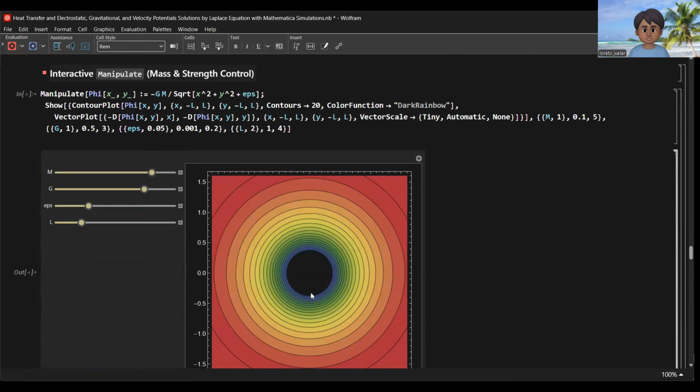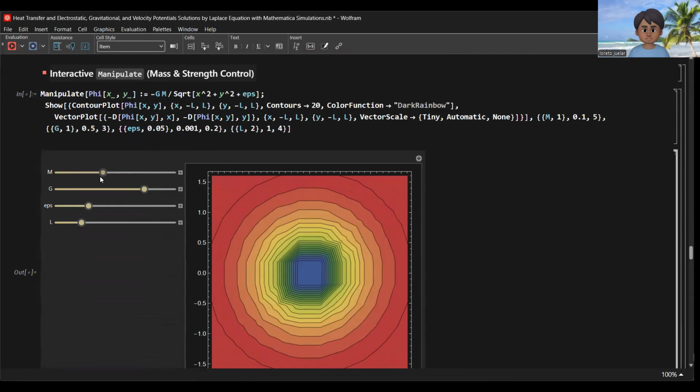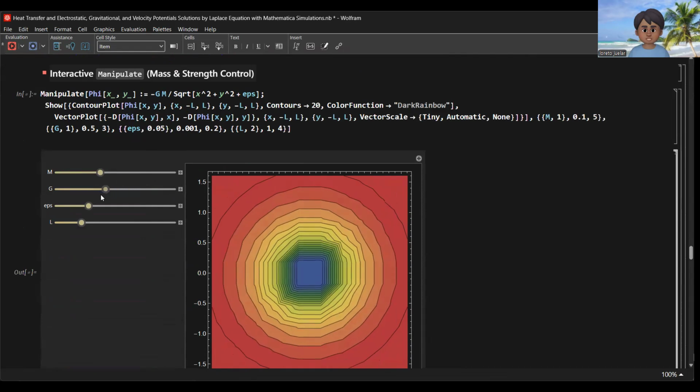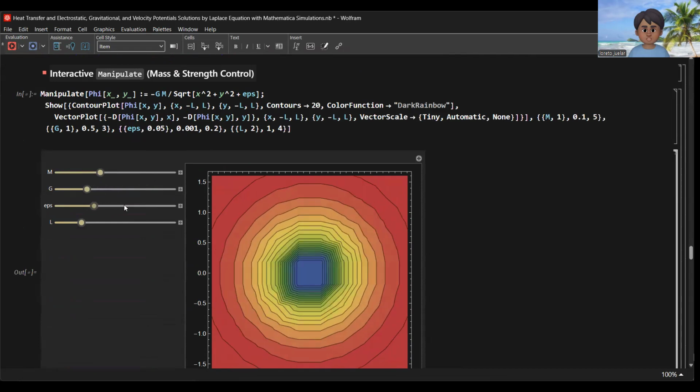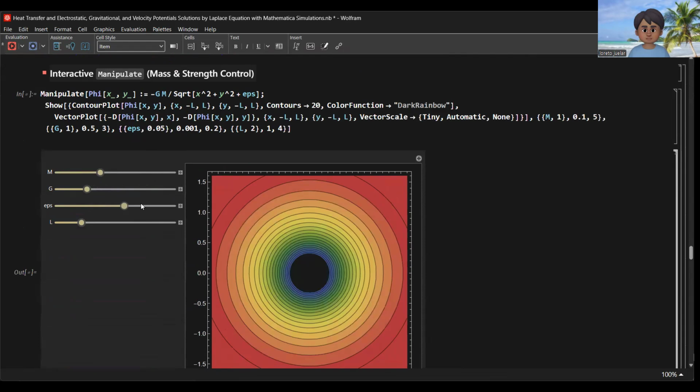So we have the contour here. So we can decrease the mass at the center. And also we can decrease the universal gravitation. Then we have the epsilon here. The epsilon here is to avoid zero divisions, you have to introduce the EPS here because the distance r is equal to the square root of x squared plus y squared.